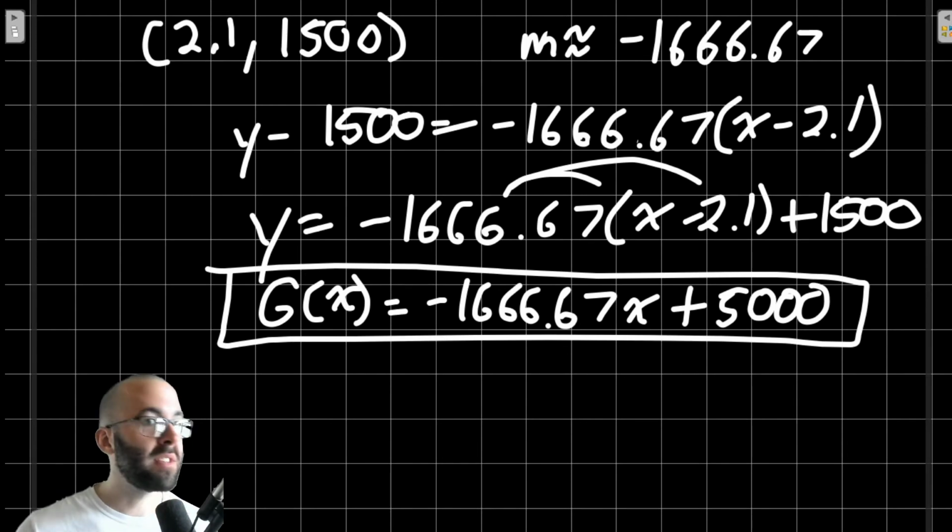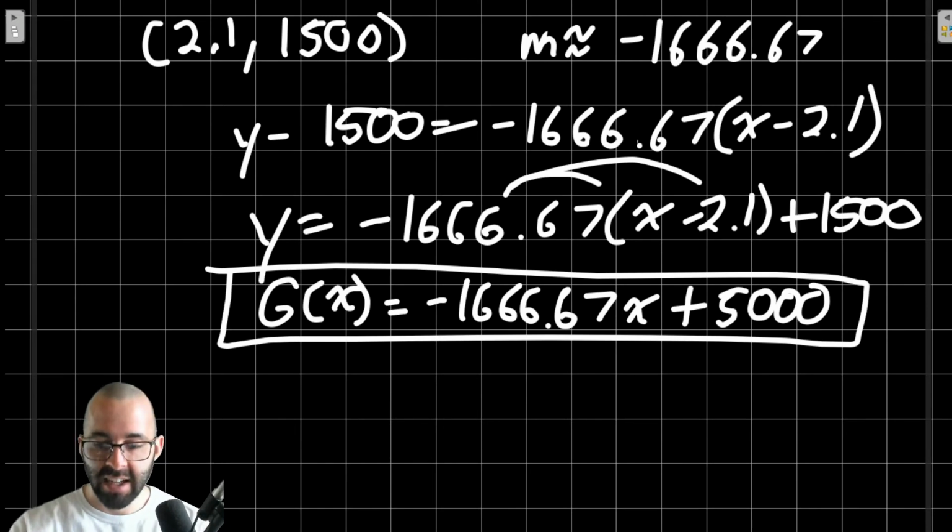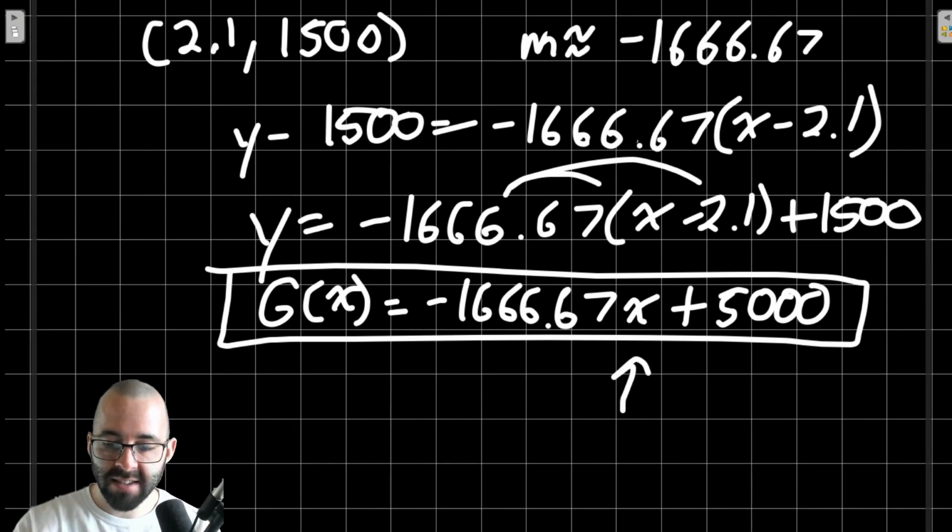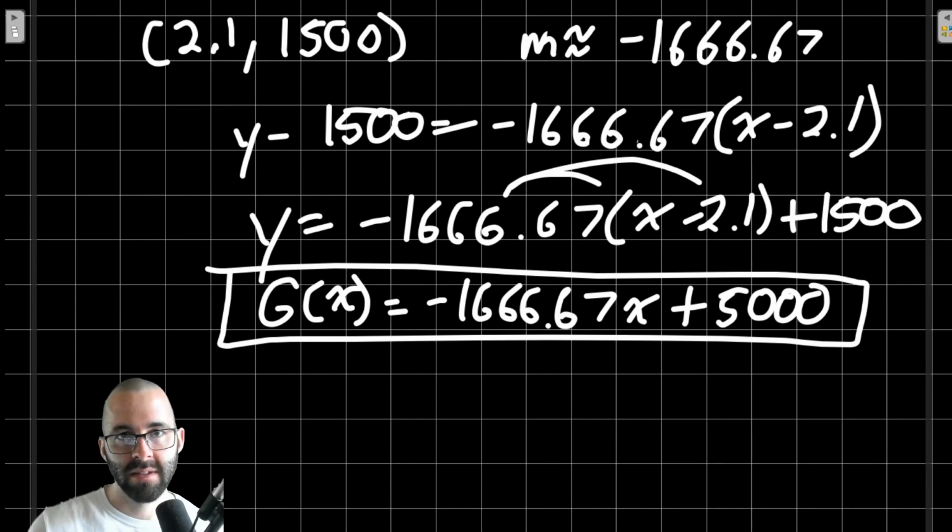So again, the slope is negative. That makes sense. As we increase x, we have a negative slope. As the cost increases, since the slope is negative, the gallons will decrease. The more we charge, the fewer people are going to buy it.